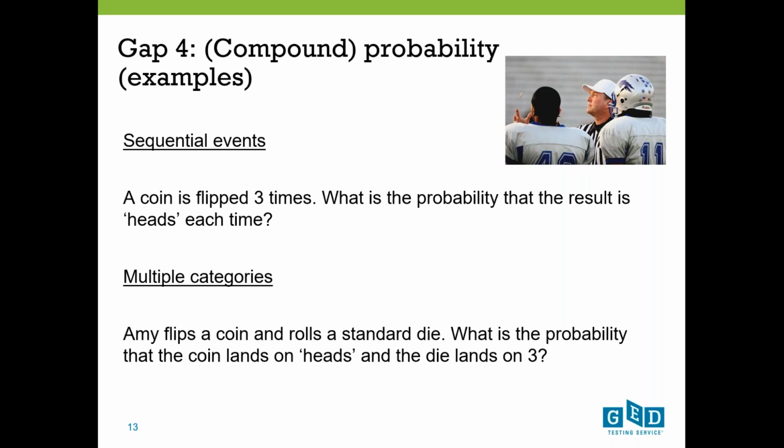And then there's an example of what I realized this morning when I was practicing. Instead of multiple categories, I probably should have put simultaneous events, because that's really a better descriptor, where Amy flips a coin and rolls a standard die, and then you have to find the probability of heads and a 3.